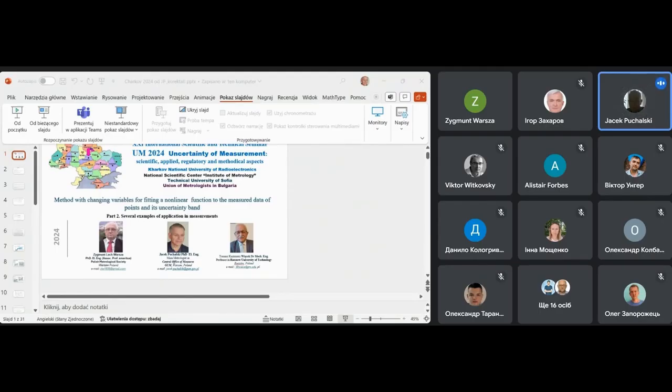Two years ago I prepared a presentation about the Venturi nozzle. It's a sonic nozzle. When we try to fit the straight line to the discharge coefficient as a function of the inverse of the square root of the Reynolds number, we should calculate both coordinates as variables from indirect measurement.